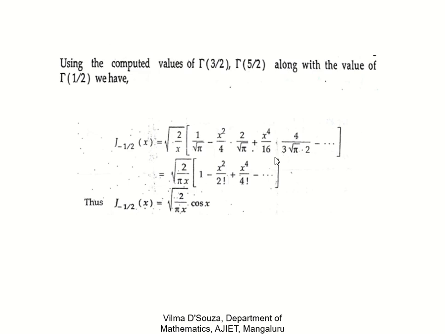Substitute, and root pi you take out. 1 minus x square by 2 factorial. 2 by 4 is 2. 4 by 16 is 4. So 4 into 3 into 2 is 4 factorial. So J minus half of x is root of 2 by pi x into cos x. Okay, go through the detailed derivation.